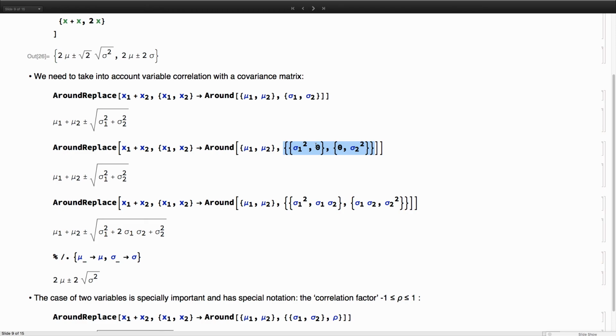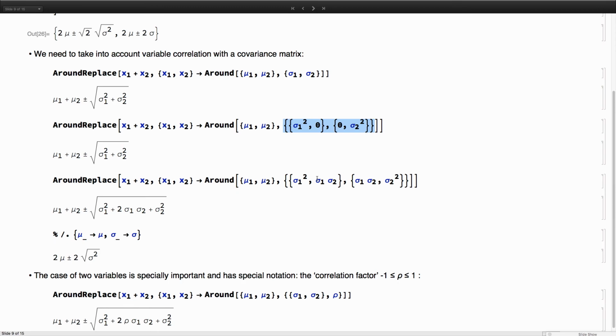But now this notation allows us to introduce correlation. So in this case, for example, we say that the two variables are correlated. So now we have these two off-diagonal terms, and we get this new result with a larger uncertainty.